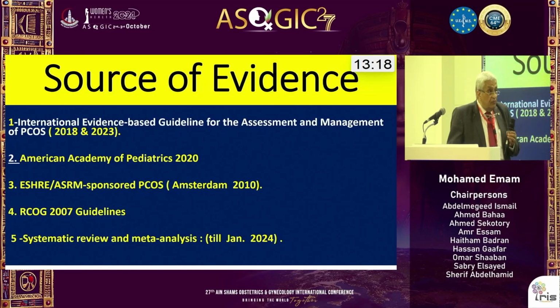The sources of evidence of my talk are many: the international evidence-based guidelines for the assessment and management of this syndrome, 2018 and 2023, the American Academy of Pediatrics 2020, and systematic reviews and meta-analyses till January 2024.